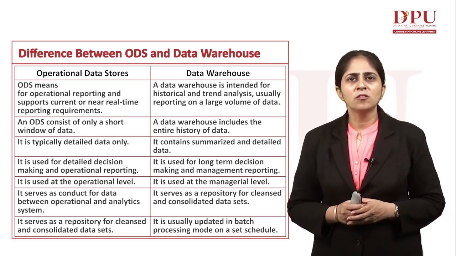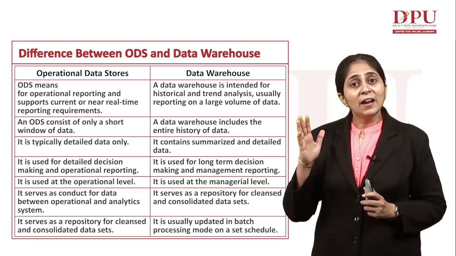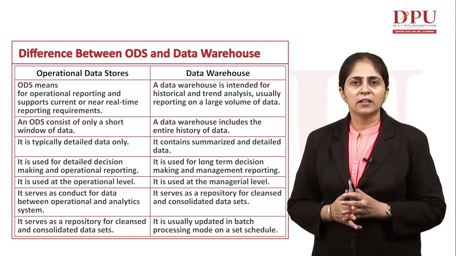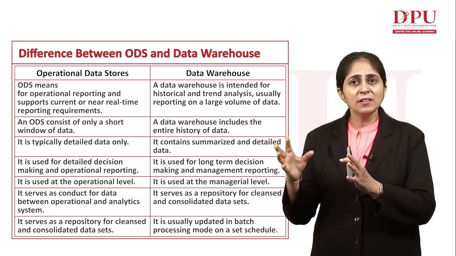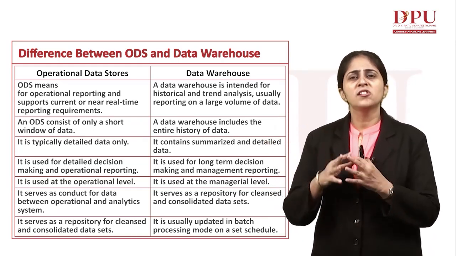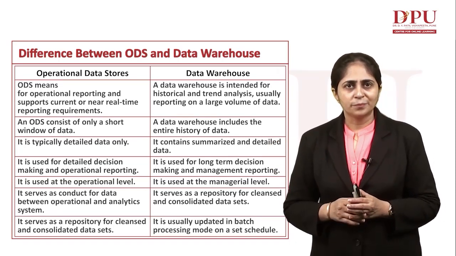An operational data store consists of only a short window of data, while our data warehouse includes the entire history of data. It is, we can say, a very big database where a lot of information related to our organization is stored.